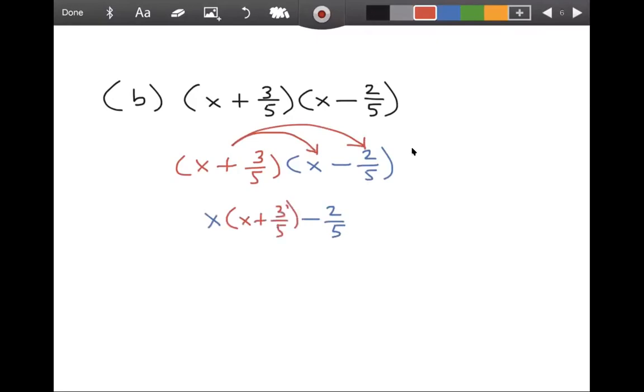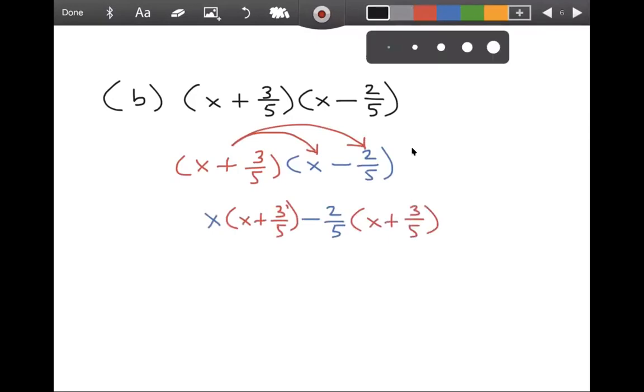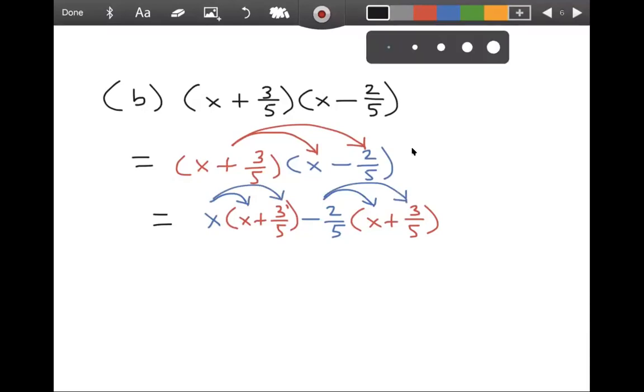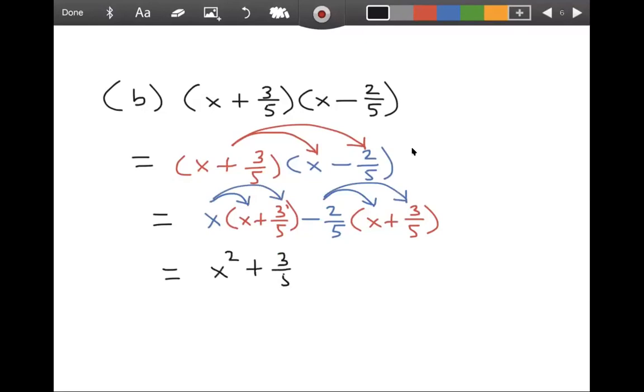Oh, and I'm leaving out the equal signs again. Okay. So now we'll distribute the x and distribute the negative 2/5. Notice that's a negative 2/5. So that is going to give me x squared plus 3/5 x minus 2/5 x.